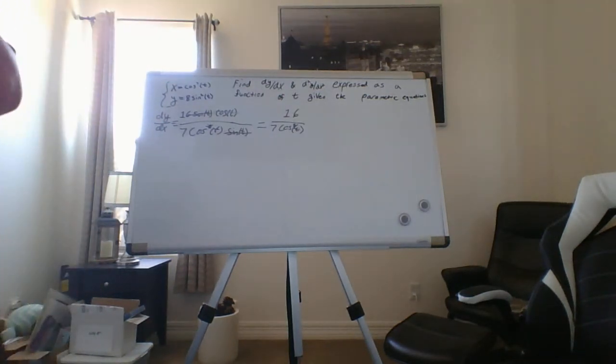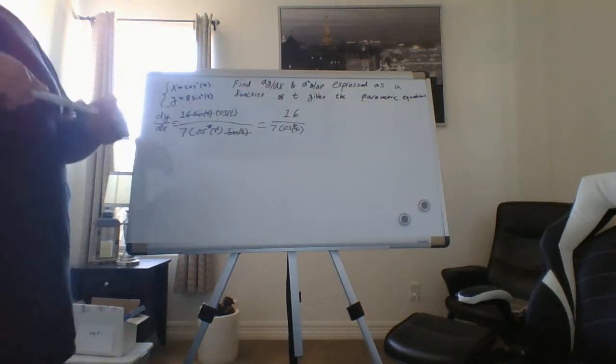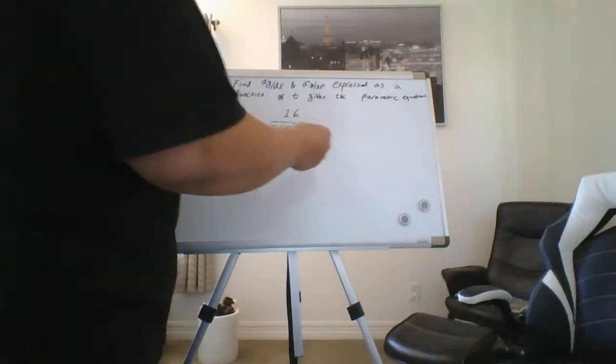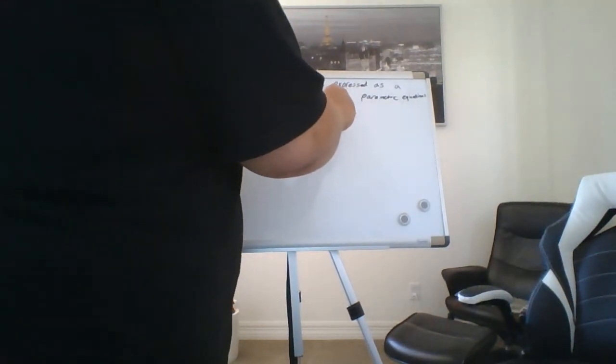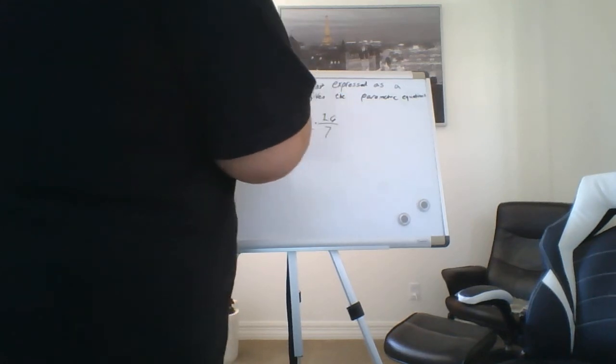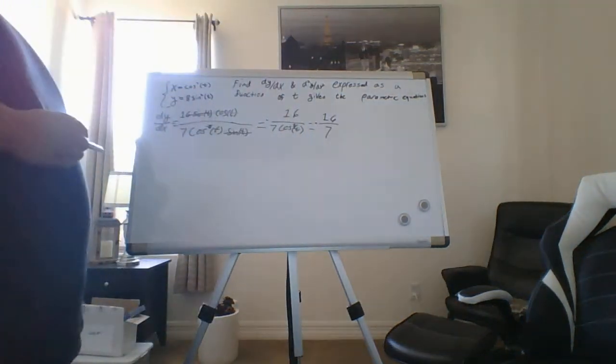Now, the way we can kind of pretty it up a little bit is to factor out the 16 and the 7, because we don't really want to do anything with those. They remain negative, as does what we did over here.